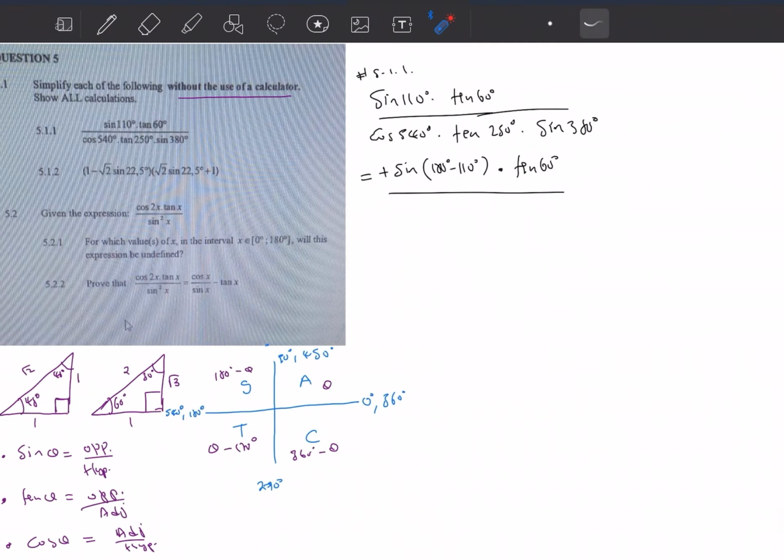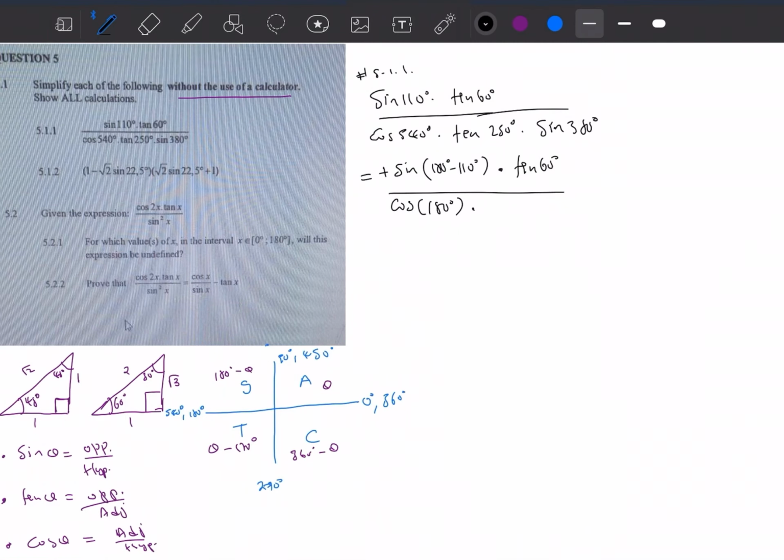Am I saying 90 is equal to 450? Yes. Am I saying 0 is equal to 360? Yes. In principle, they're the same numbers when you talk about degrees. So we can rewrite cos 540 as cos 180 degrees.